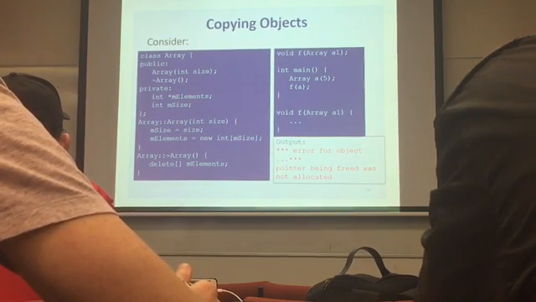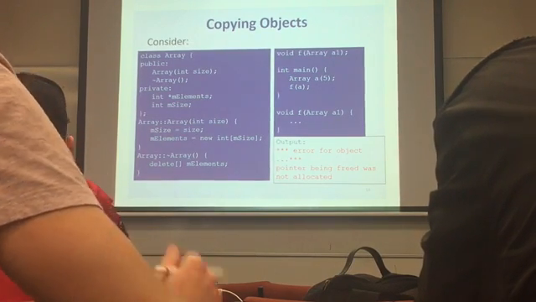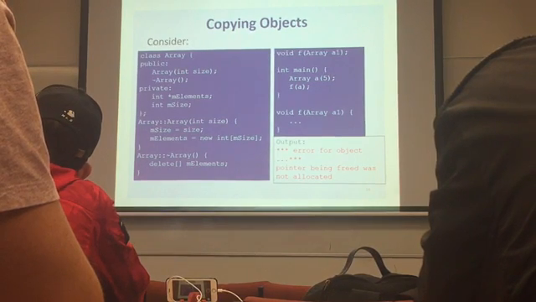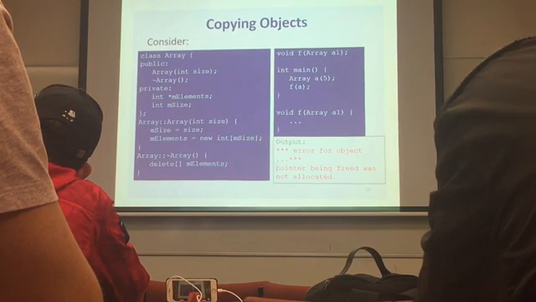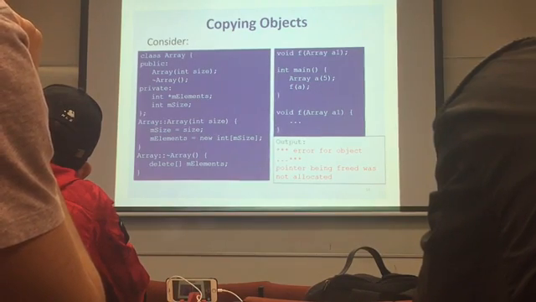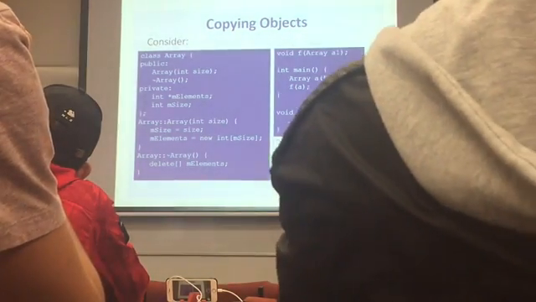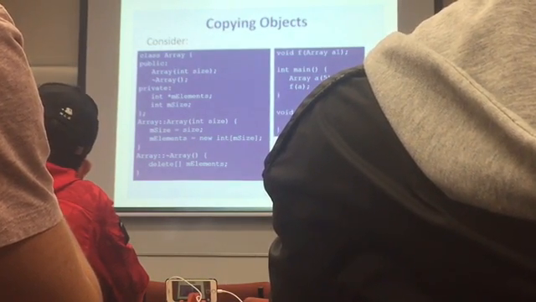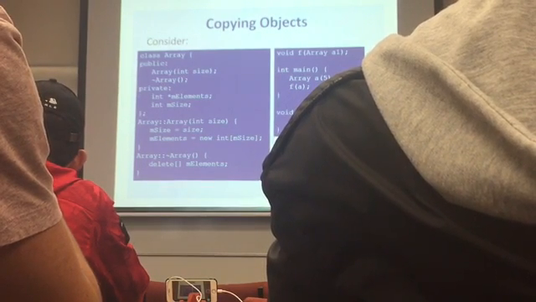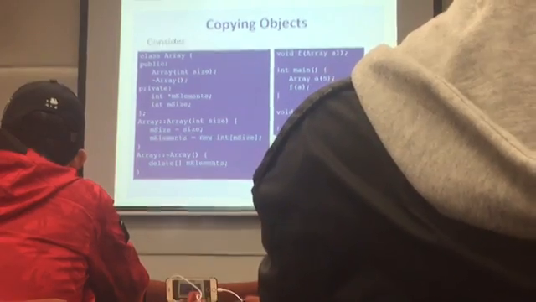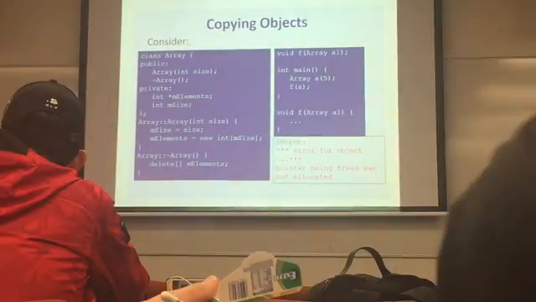Remember, when we have a class which has some pointer type like this, when the function is invoked, the specific constructor called is the copy constructor. A copy of that A object is created.